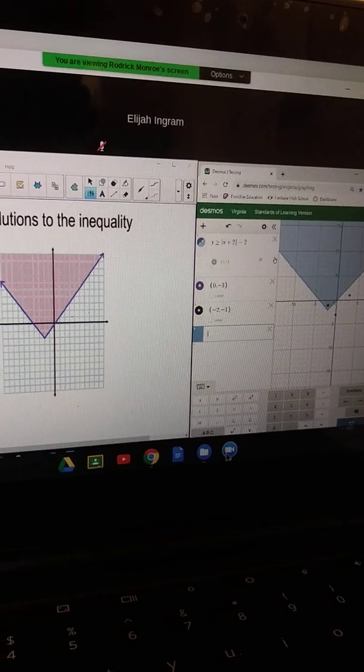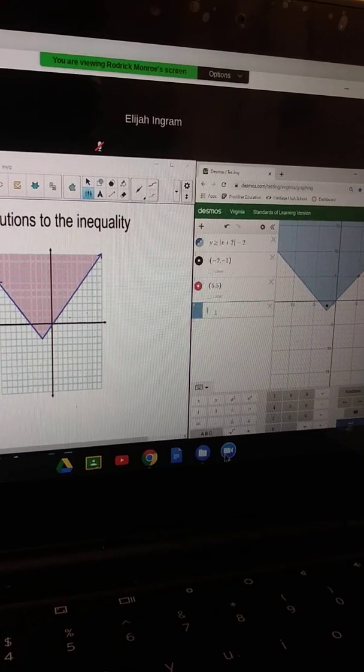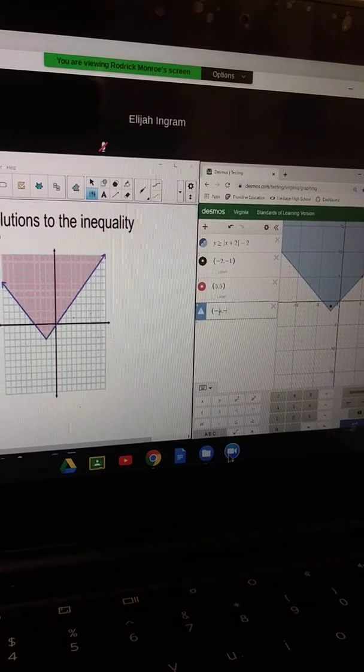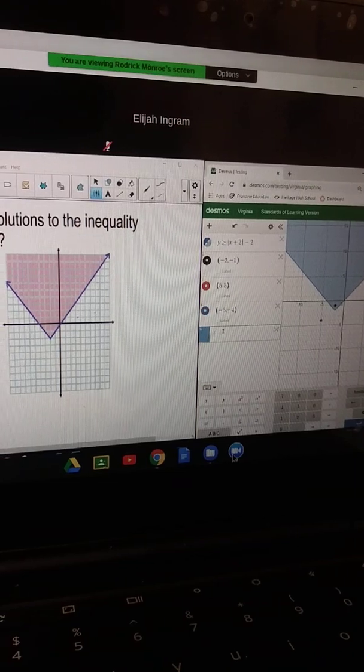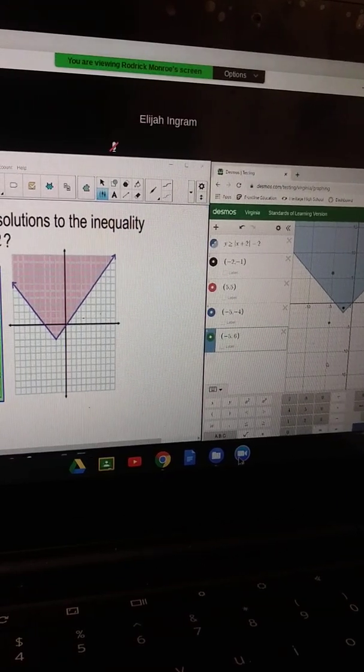So I'm going to get rid of A. I'm going to get rid of B. Let's go to D. Okay. Let's try E. Okay. So, as you can see, E does not fall. Nowhere near the graph, it is out here by itself, so we get rid of it.